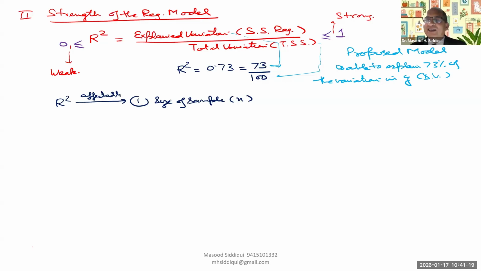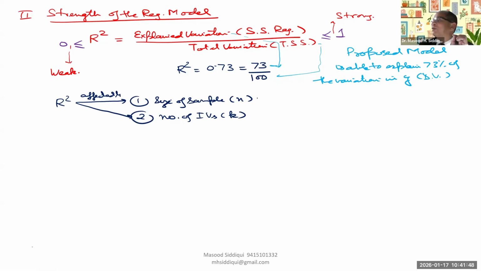We get a high R square even if the relationship is not that high. And this R square is also affected by the number of features or number of independent variables. If the number of independent variables is high, then R square will be high. This is also known as overfitting when we discuss the concept of analytics, right? So it depends upon these two factors.